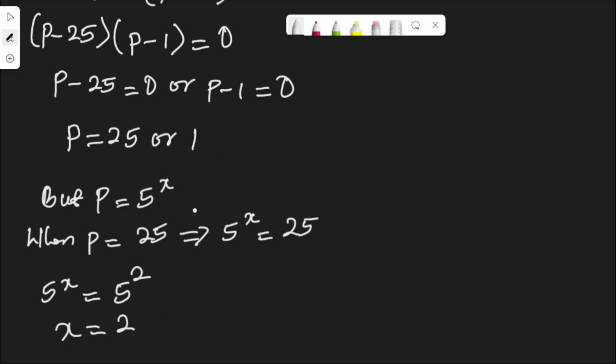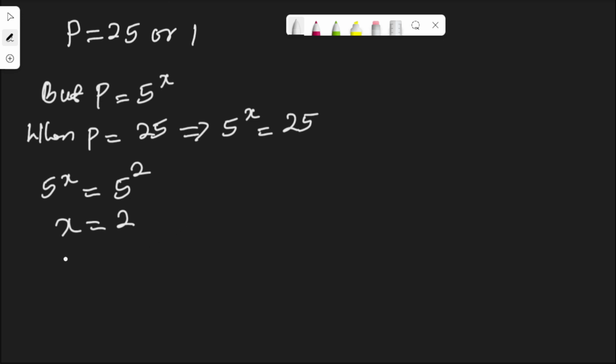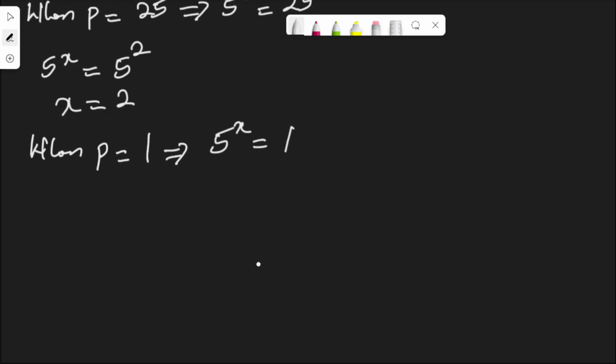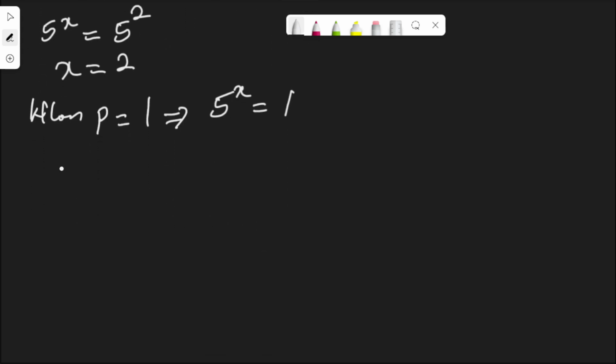The other value of p is 1. So when p is 1, it implies 5 to the power of x is equal to 1. Now, how do we express 1 to make it equal to 5? We know that any number raised to the power of 0 is 1.